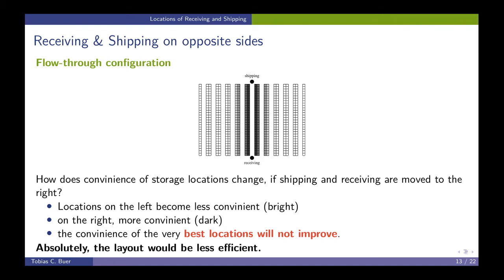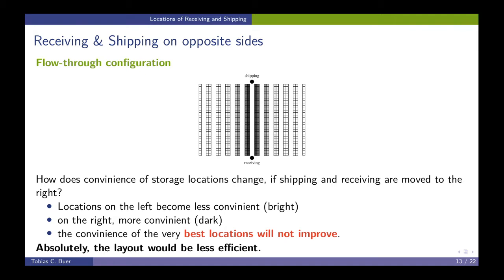If you would put the shipping and receiving locations on the left and on the right side in this picture, the receiving on the left and the shipping on the right side, but you would not change the orientation of the aisles in our storage racks, then you would have an orthogonal orientation of the aisles.